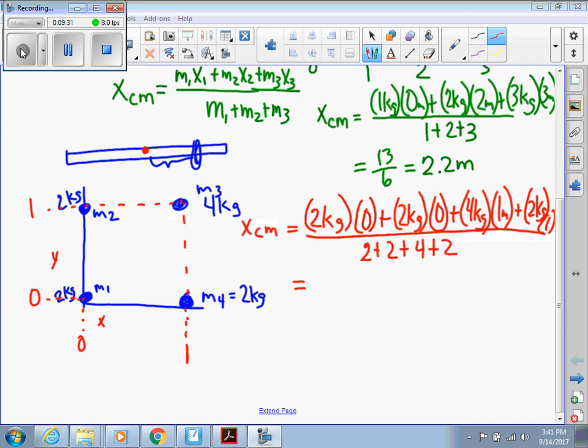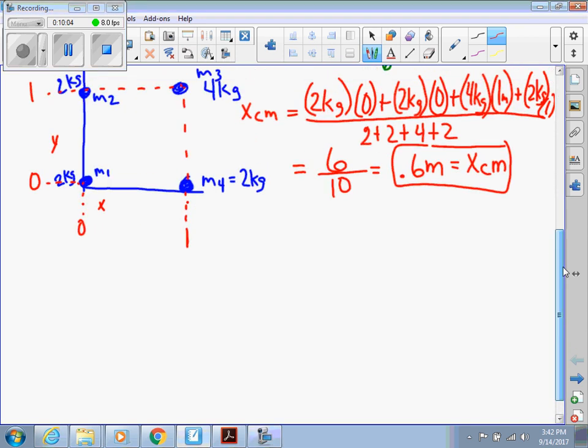The numerator is 0, 0, 4, and 2, so we have a total of 6. On the bottom, when we add all of those up, we have 10. And so we have a position of 0.6 meters for our horizontal center of mass. So let's go down now and do our vertical center of mass.